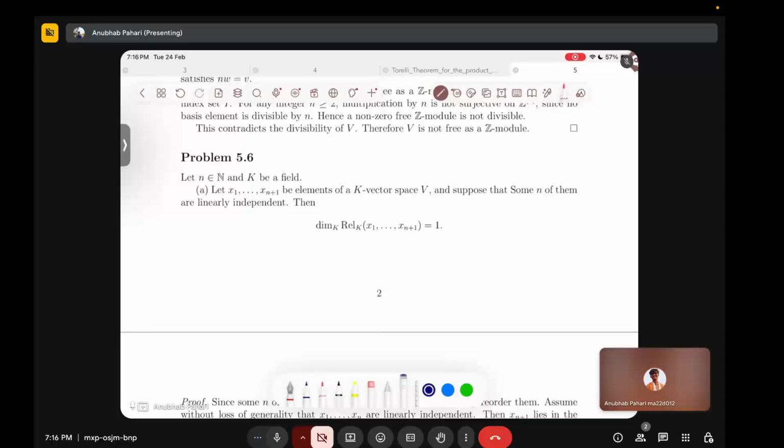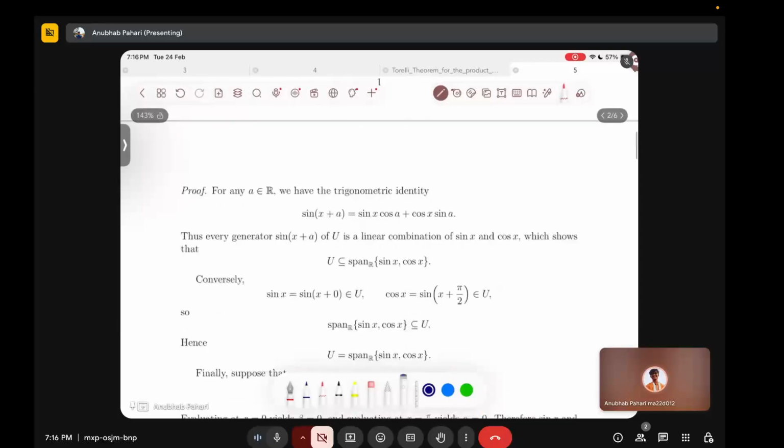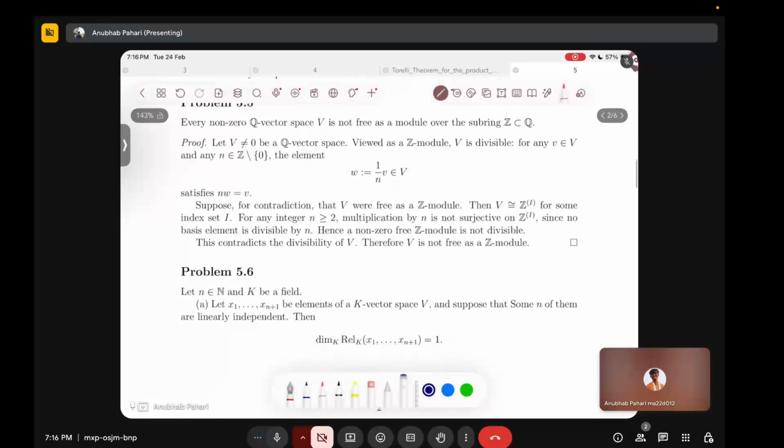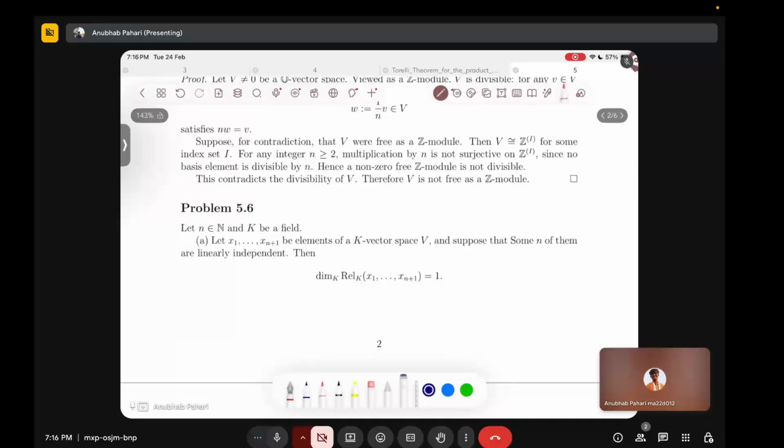Then we have to show that the K dimension of this relation set is 1, and we define the relation set as in problem 1, that means all the tuples from your index set such that this sum of the products is 0.